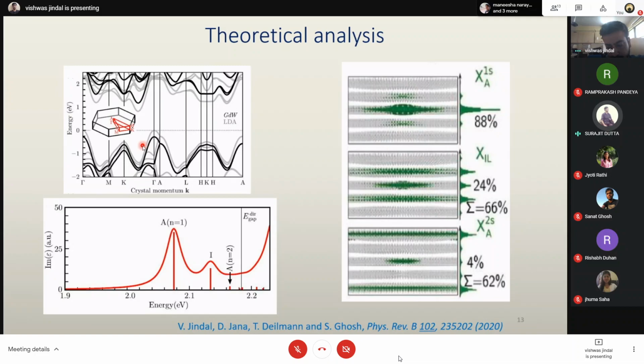Okay, let me give you an example of a hydrogen atom. Let's say you have a hydrogen atom. If you separate the electron and hole, you have a free electron and a free hole, right?